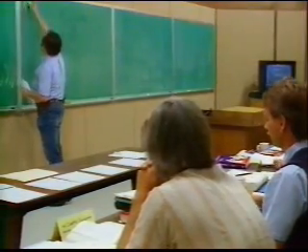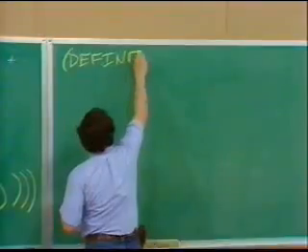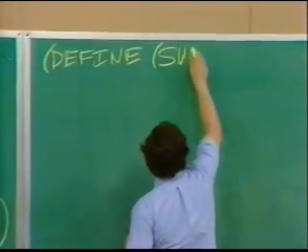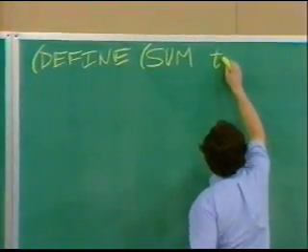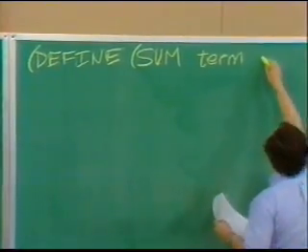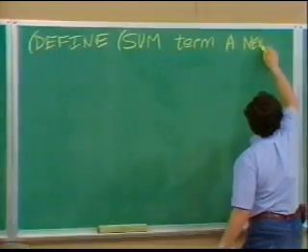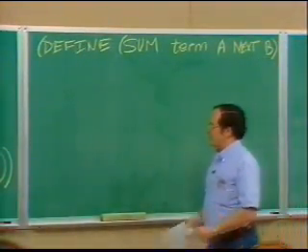So here we'll define our sigma notation. This is called sum, and it takes a term, a, a nexter, and b as arguments. So it takes 4 arguments.